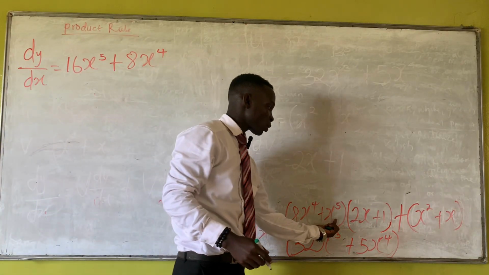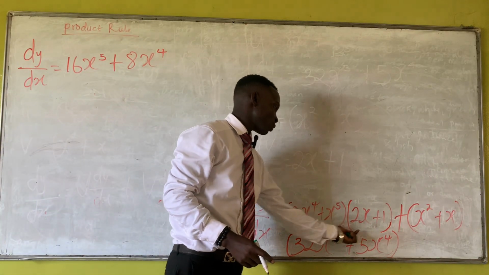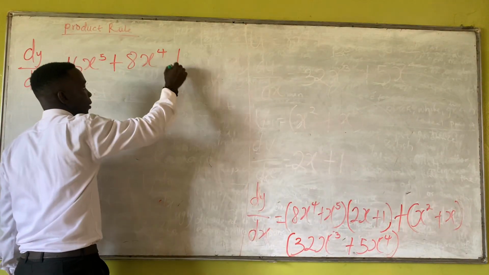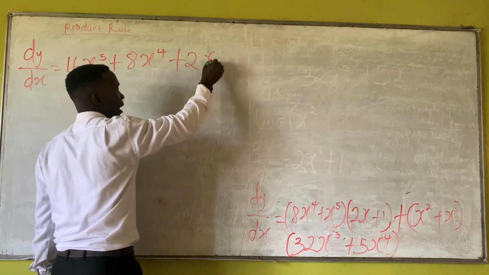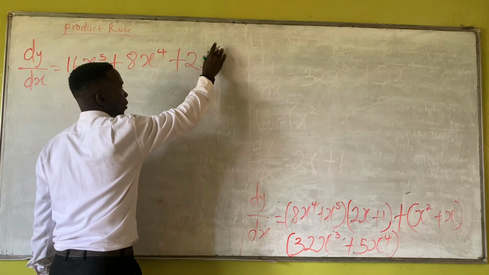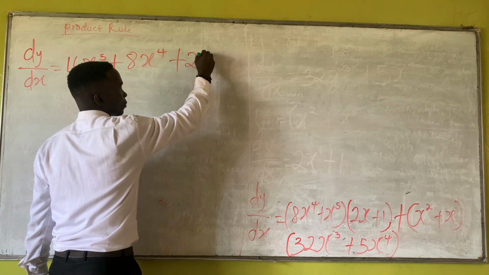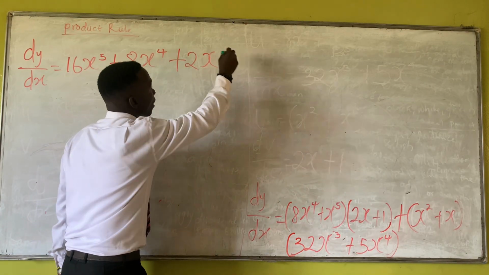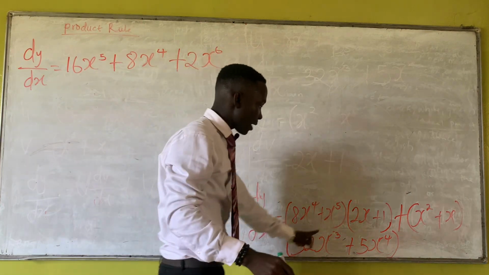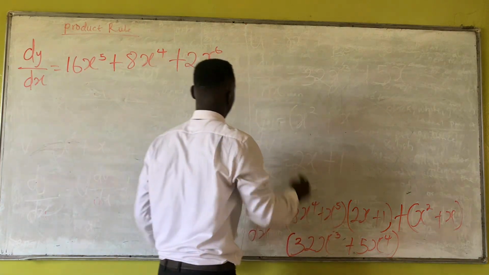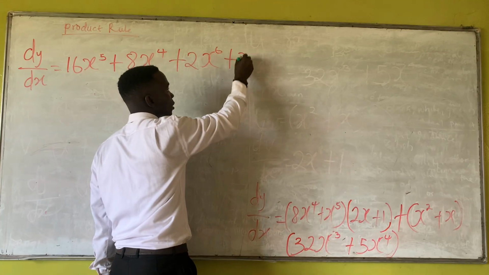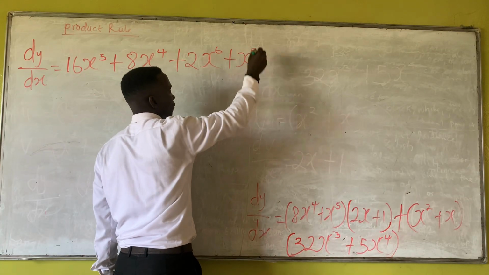Then x raised to the power of 5 times 2x will give us plus 2x raised to the power of 6. x raised to the power of 5 times 1 will give us plus x raised to the power of 5.